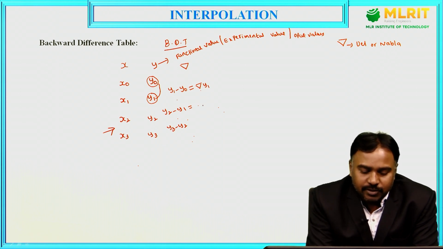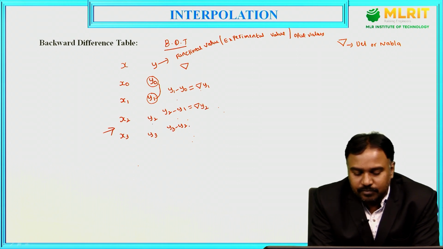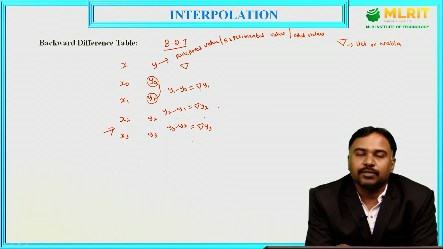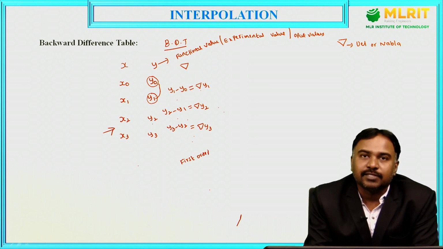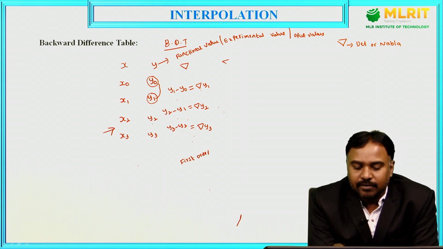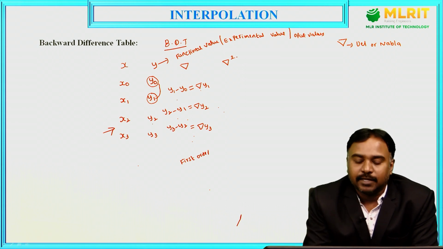Similarly del y2. These differences we call the first order backward differences.